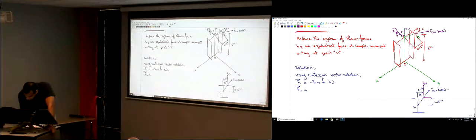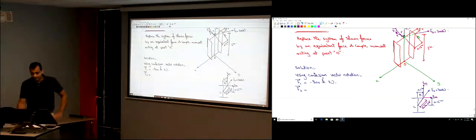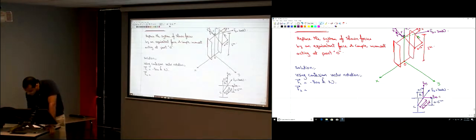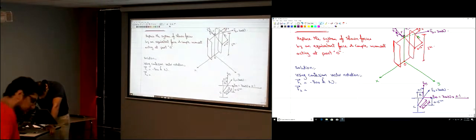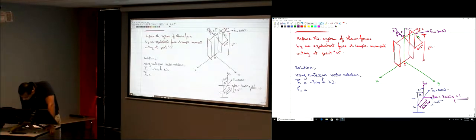So now, F2 has two components, F2y and F2x. I need to find this angle theta, okay? So I need to find this length. How much is this length? Square root of 0.1 squared plus 0.15 squared. Right? So now F2x is the horizontal component, that's 300 newtons times 0.1 divided by the square root of 0.15 squared plus 0.1 squared.